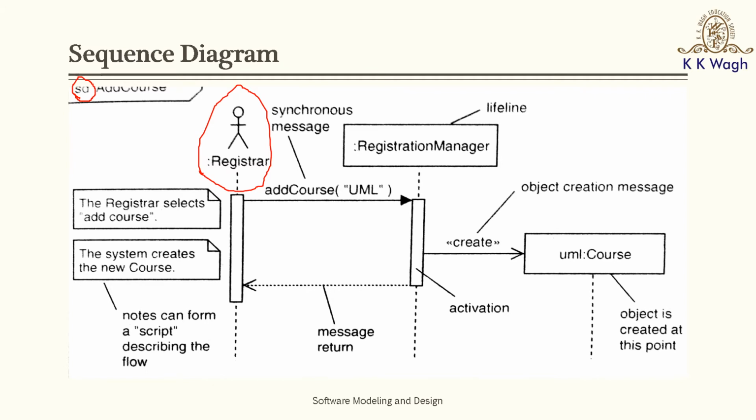So basically see here, on the dotted line, here is the rectangular box, on the registrar as well as on the dotted line of the registration manager. So basically this rectangular box means activation. So activation means what?